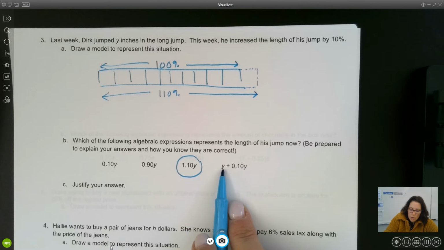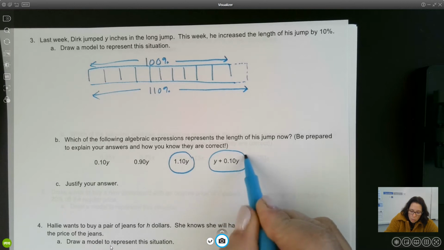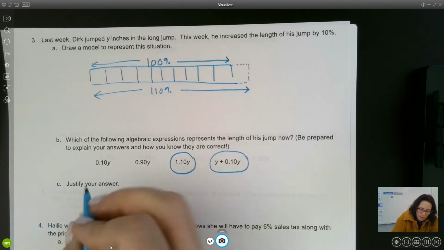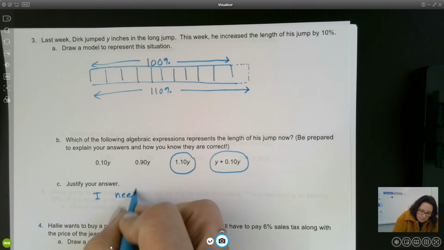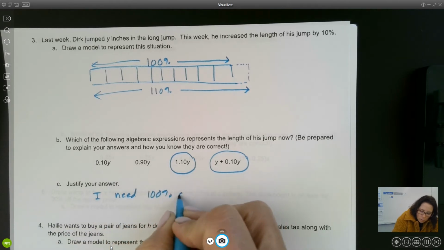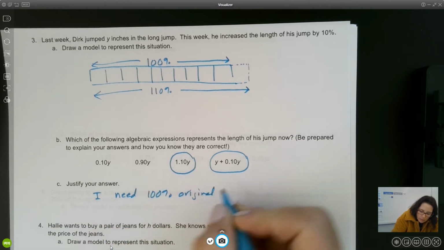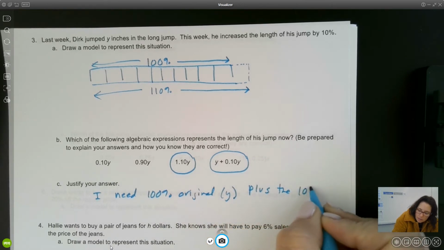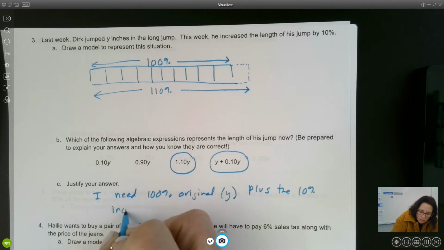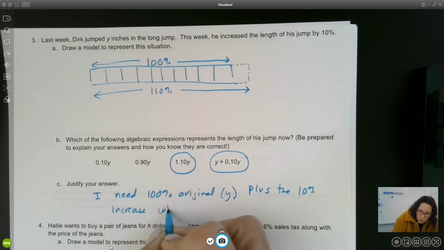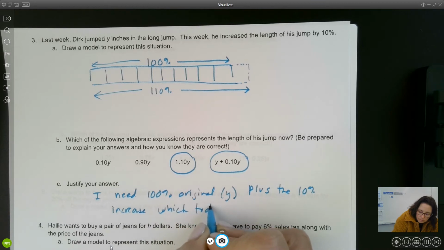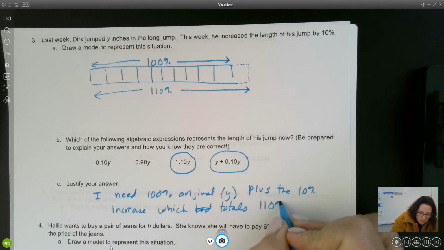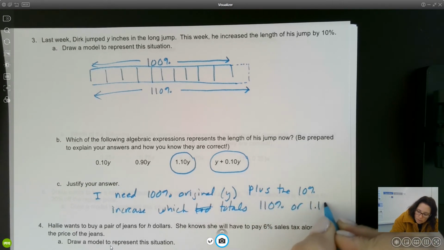This is what it was, Y, and then we look for 10% more of the Y. So I need 100% original, which is Y, plus the 10% increase, which totals 110% or 1.10.